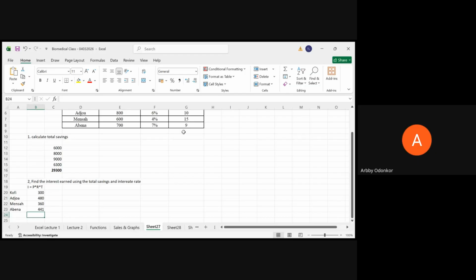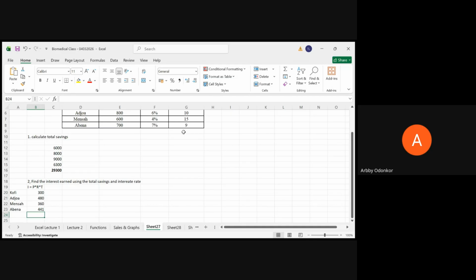Oh, I thought we'll find the total. What of the question? I can't see the question. Let me see. So we said interest earned using total savings times the interest rate.